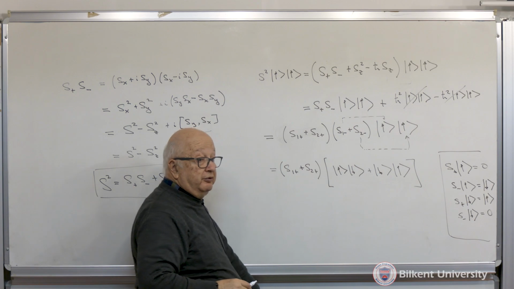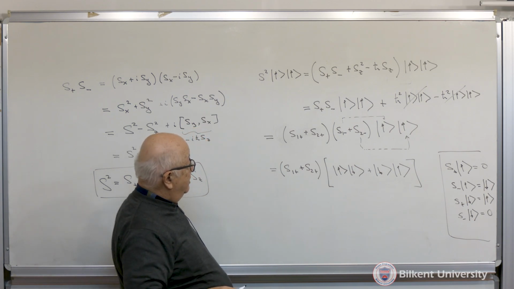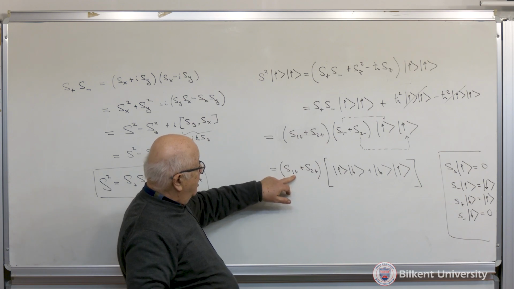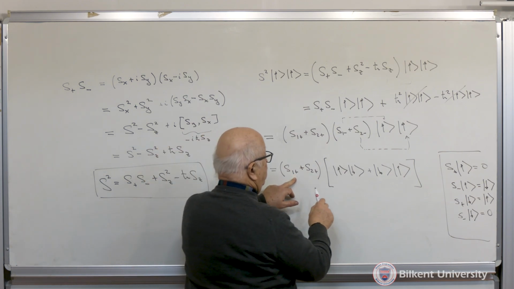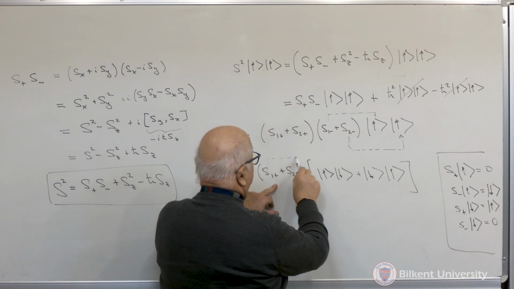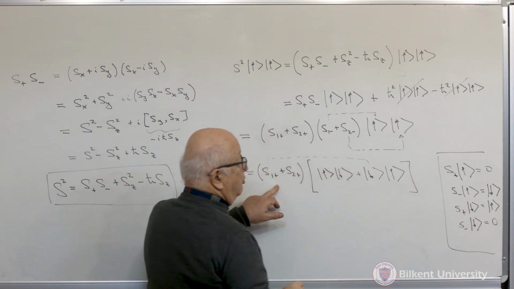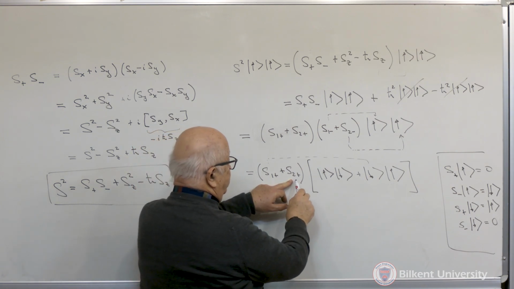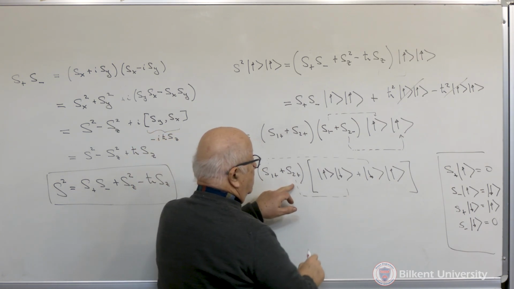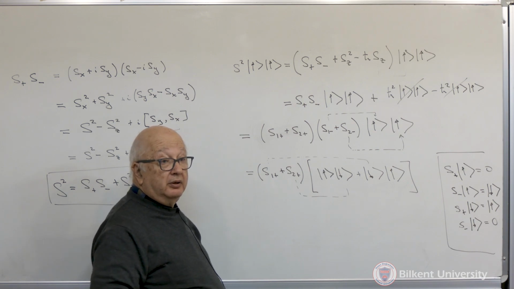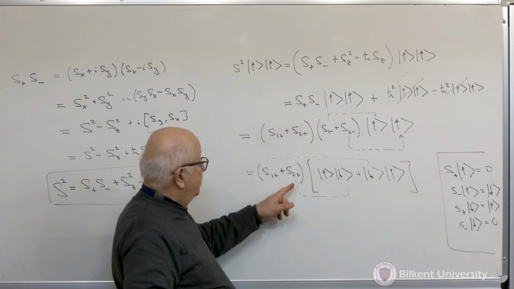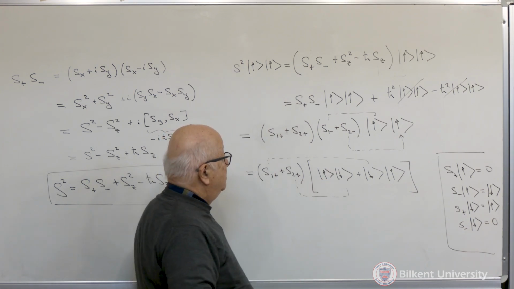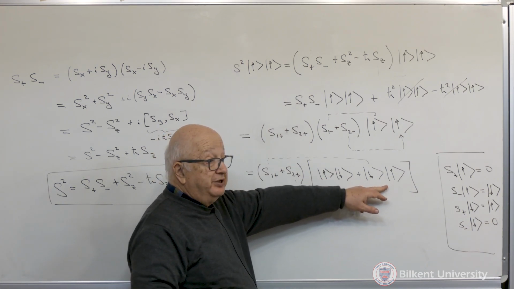Now I have to go back and work this out. Now this thing up can operate only on the first object and it's down. This can operate only on the second object and only when it's down. The other one, for example, S2 plus acting on this one is going to give me 0, right?